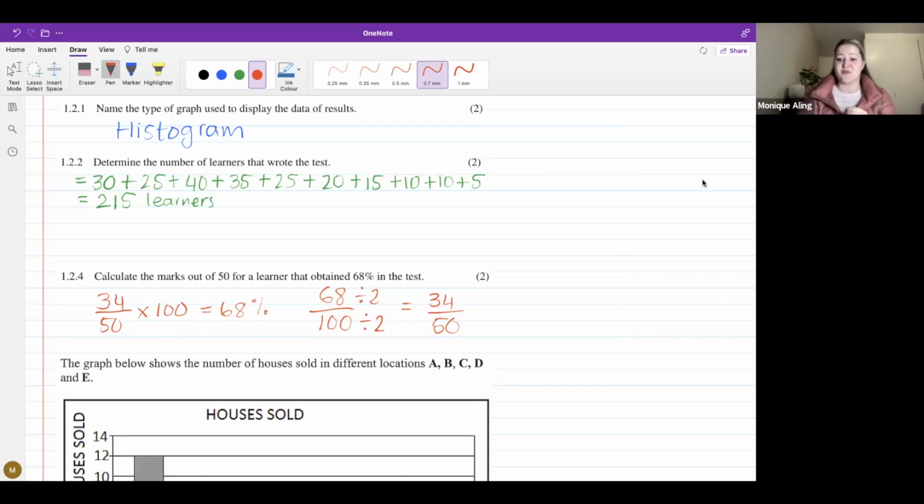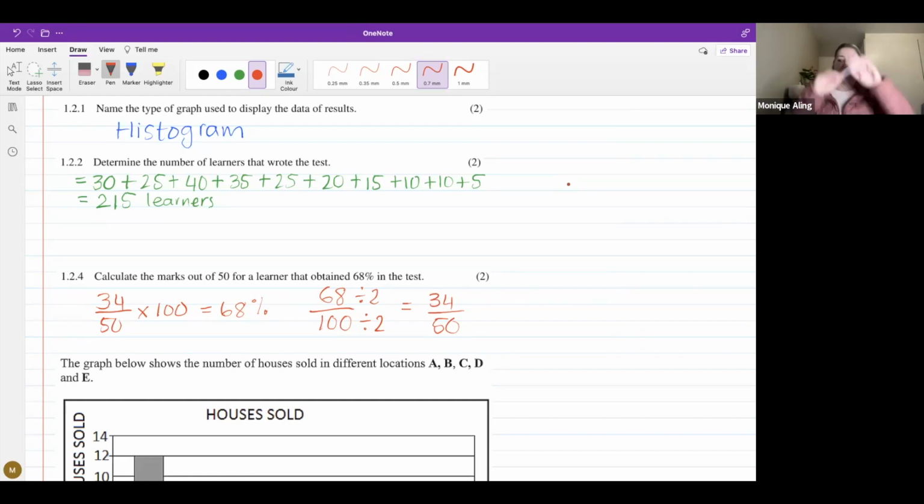So Tando raised a hand. Yes. Ma'am, there is 1.2.2. When they say determine the number of learners that wrote the test, what do they mean? Just how many learners wrote the test? What is the total number of learners? Okay.